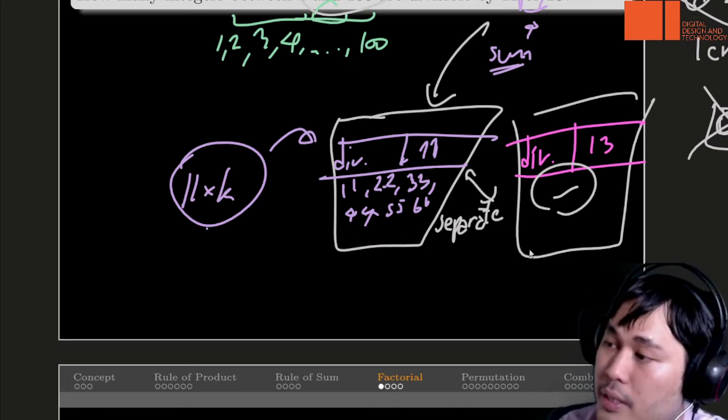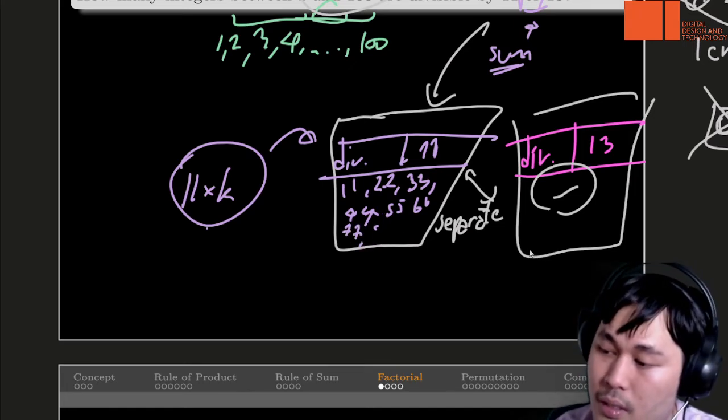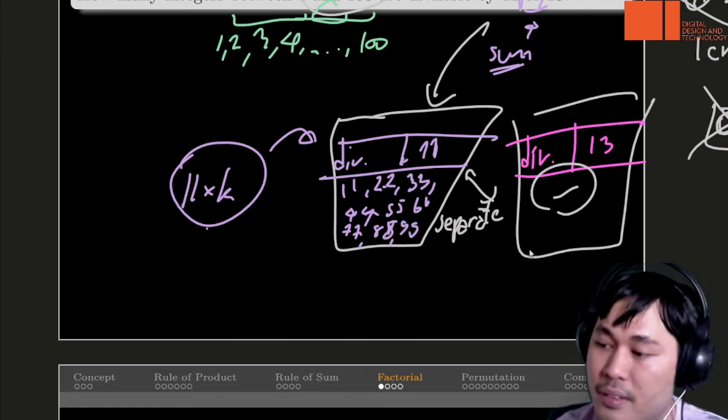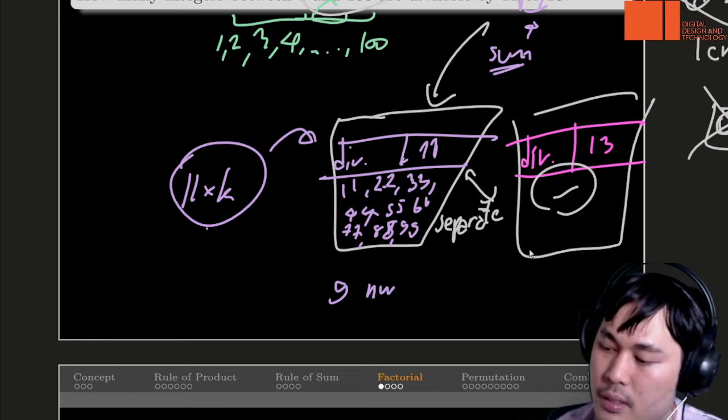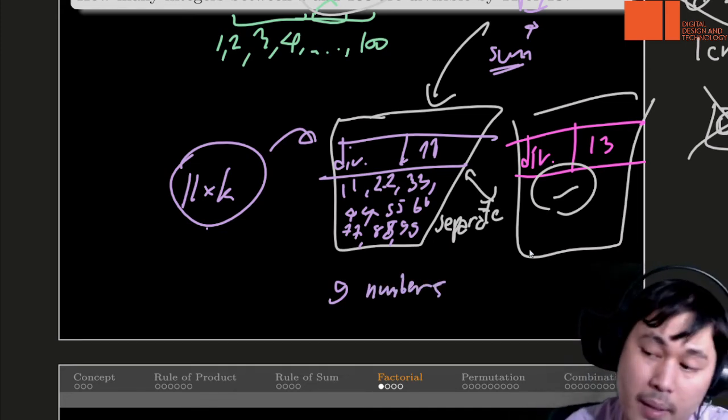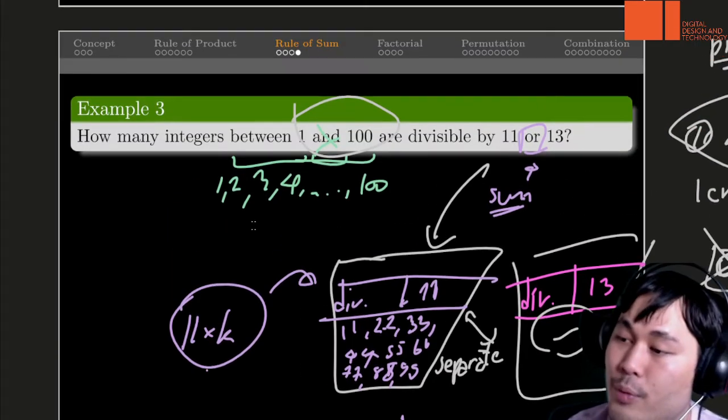How many numbers are there? There are 9 numbers that are divisible by 11 and still between 1 and 100.